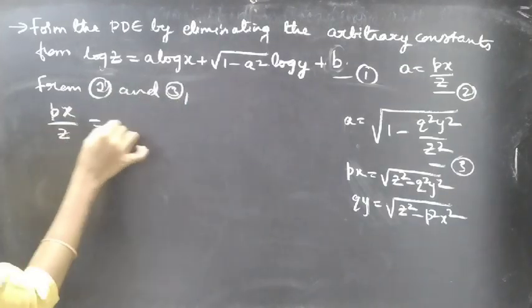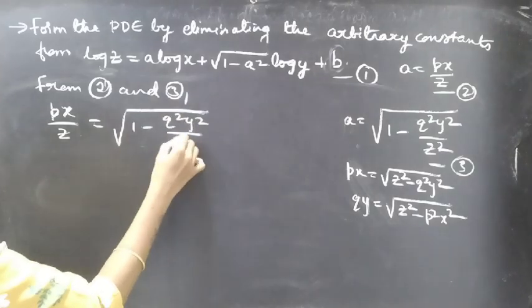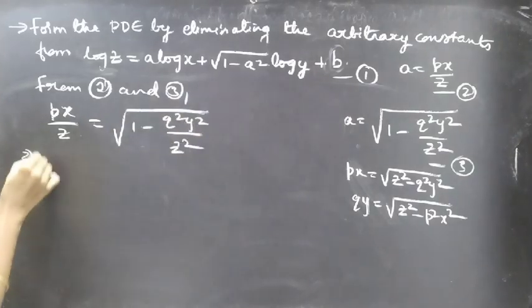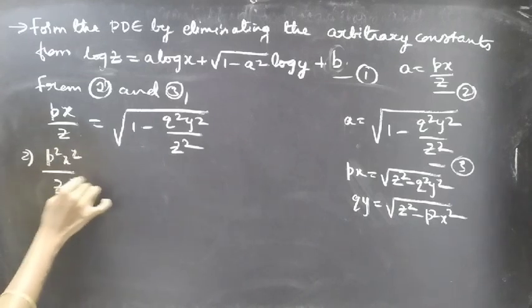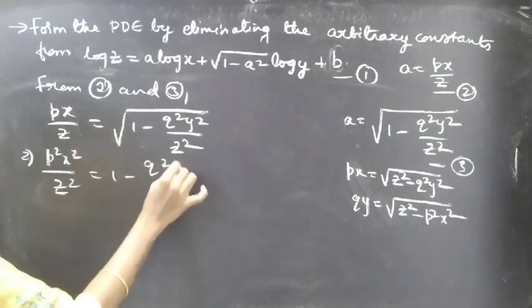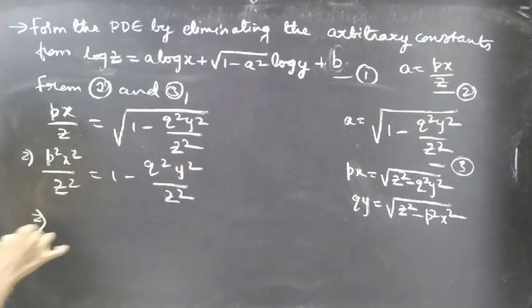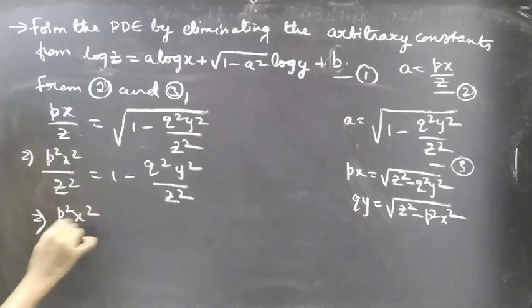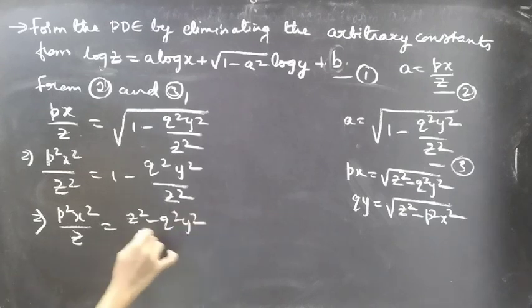px by z equal to square root of 1 minus q square y square by z square. Squaring on both sides gives p square x square by z square equal to 1 minus q square y square by z square, or p square x square by z square equal to z square minus q square y square by z square.